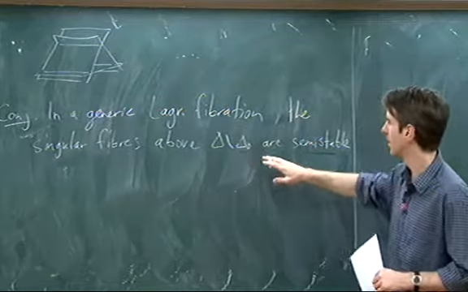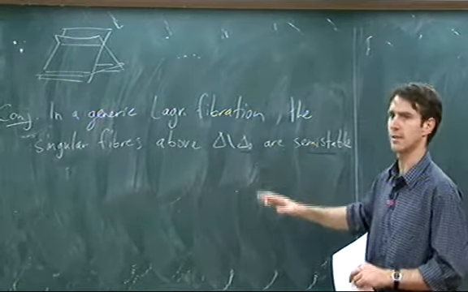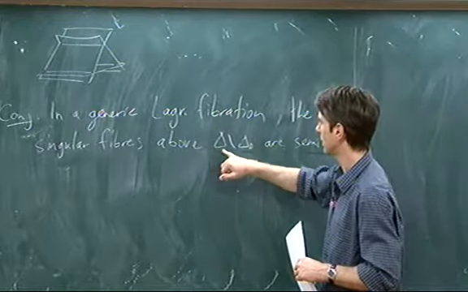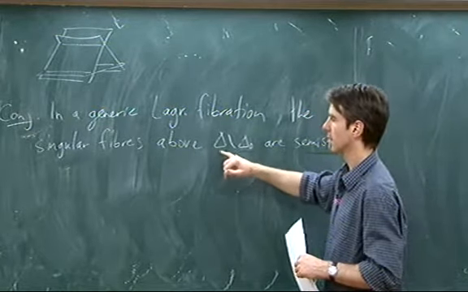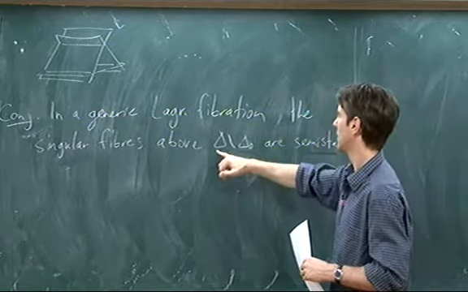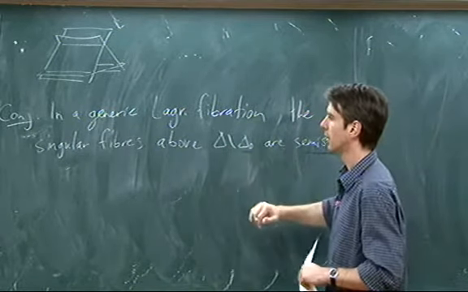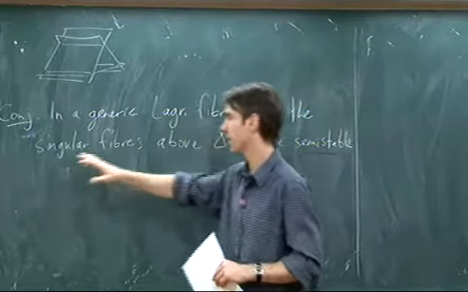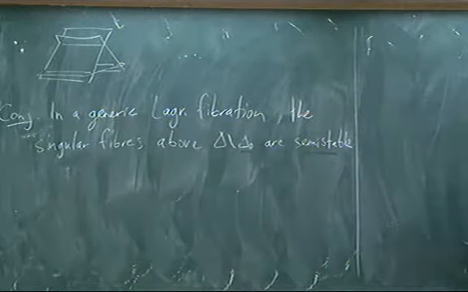You can generally avoid codimension 2 things when you're trying to argue geometrically, but you can't avoid the generic singular fibers. So you need to be able to say something about how they look. And so this is saying that they're, I guess, as simple as you could hope for.